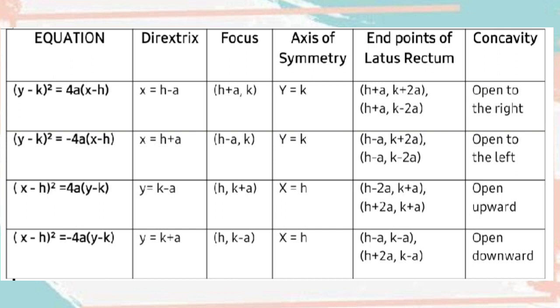Since our x squared here is positive, its concavity will be open upward. Then the fourth equation is x minus h squared is equal to negative 4a times y minus k. Since it is negative, it will be open downward.